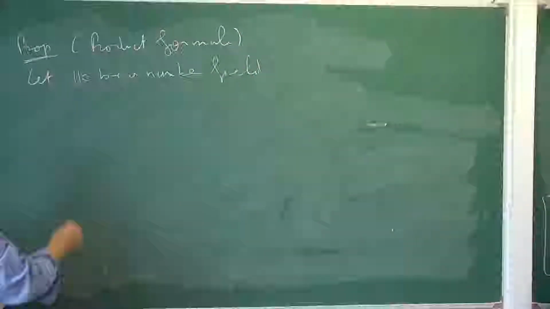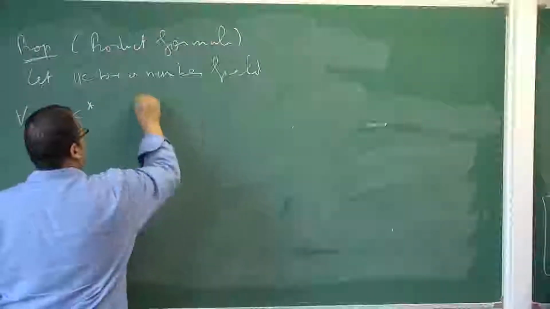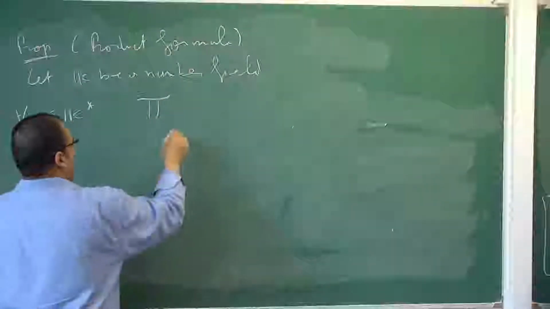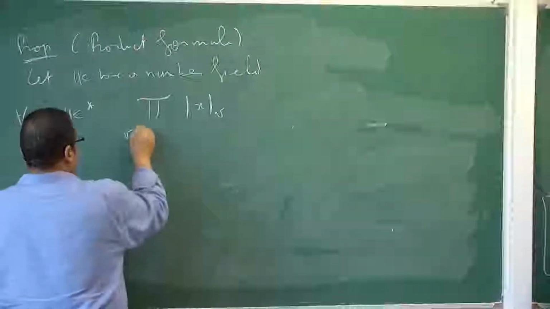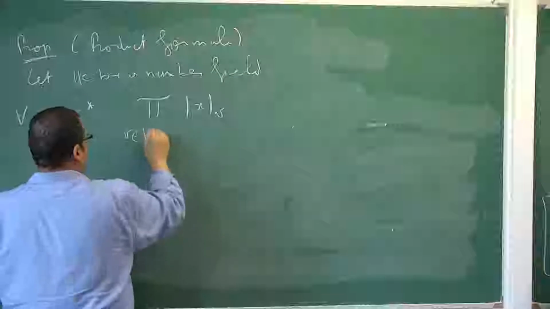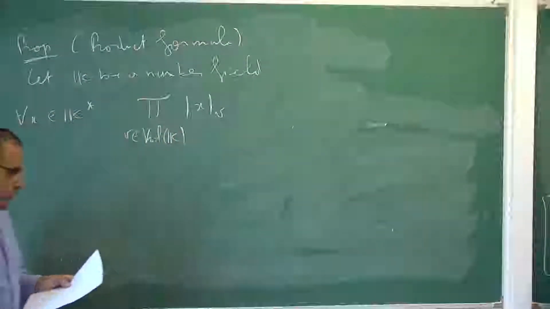For any x in K star, if you take the product of |x|_v, where v is in the set of places, the product over all the places, then the result is 1.